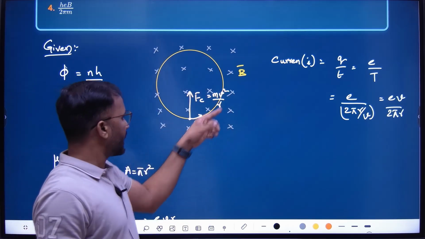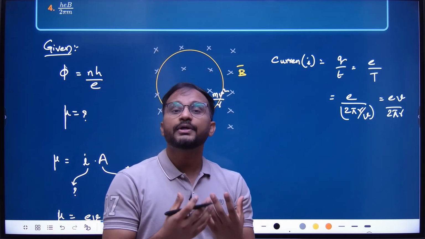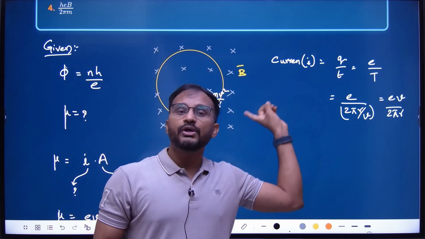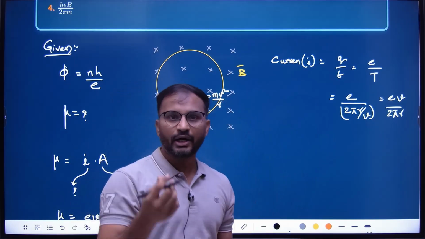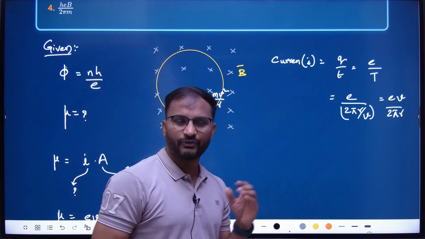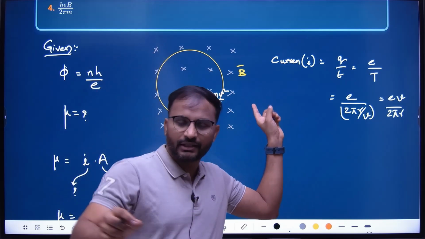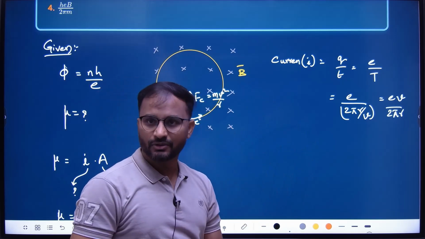But in the case of a charged particle moving in a magnetic field, who is exerting that centripetal force? See, you and I are not holding the electron and moving it like agarbatti. No, we are not moving it. So someone is holding the electron and moving it. Who? It's the magnetic field. There is no one else to move the electron.